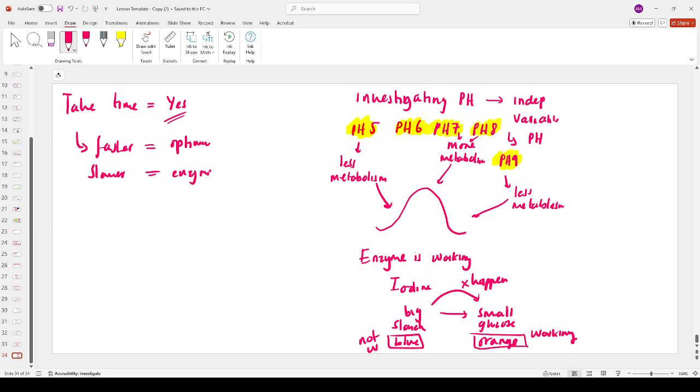Is that fair? So what I said was, if enzyme activity is optimum, it will happen faster, and if enzyme activity is low, it will happen slower. Is that fair?